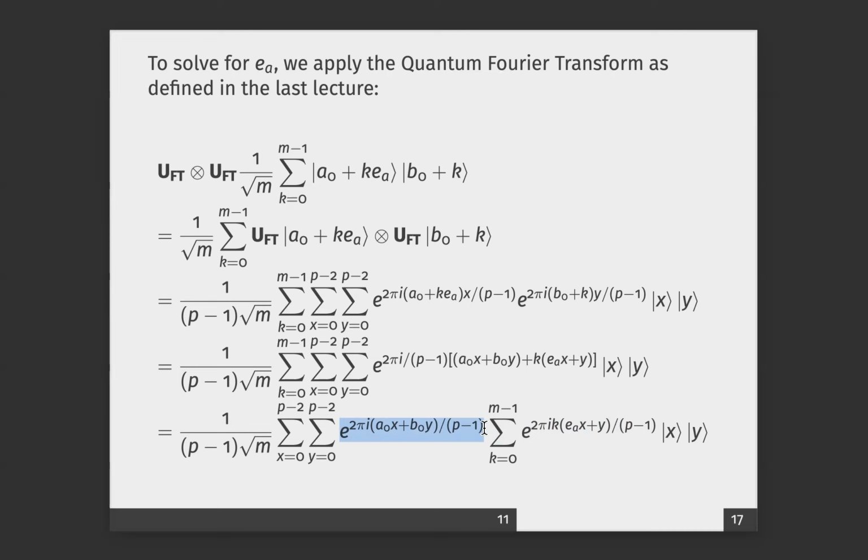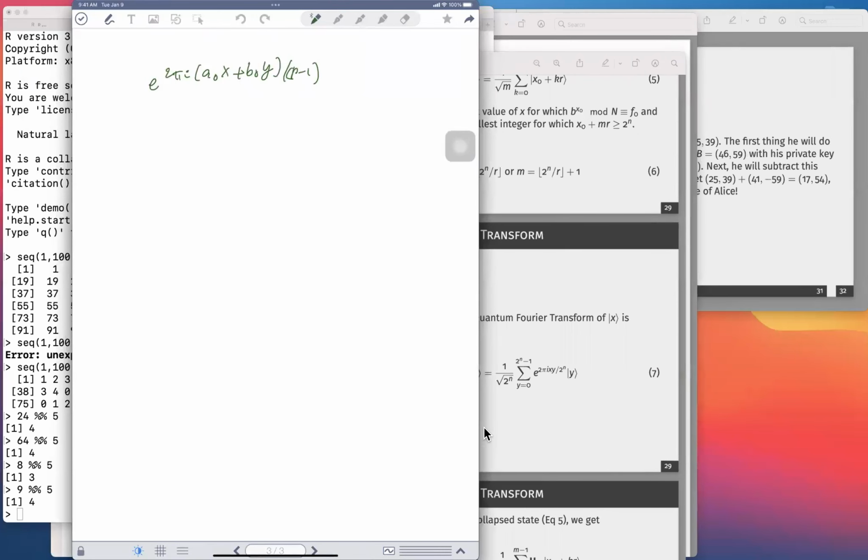Let me show you the screen. The square of this one, the modulus squared, is nothing but this term multiplied by its complex conjugate.